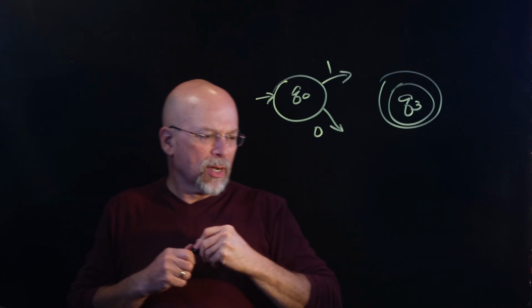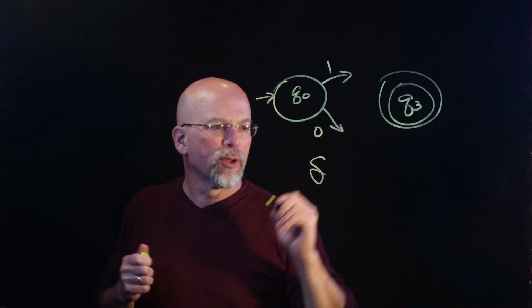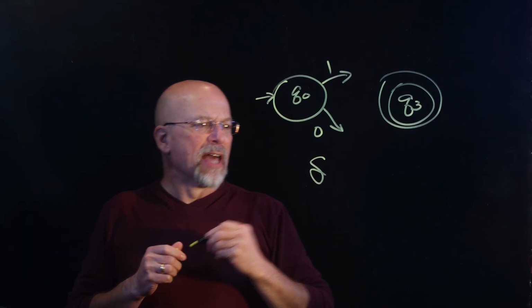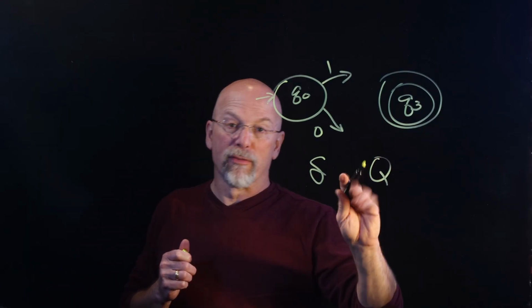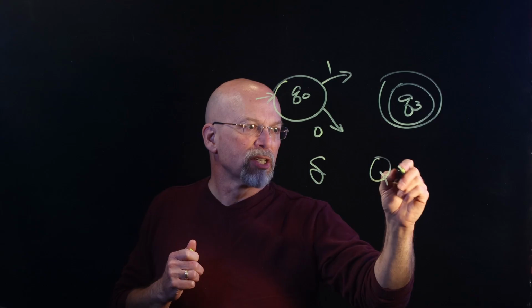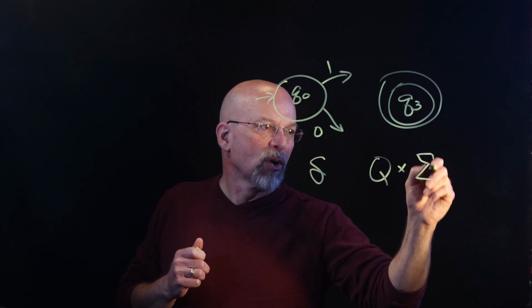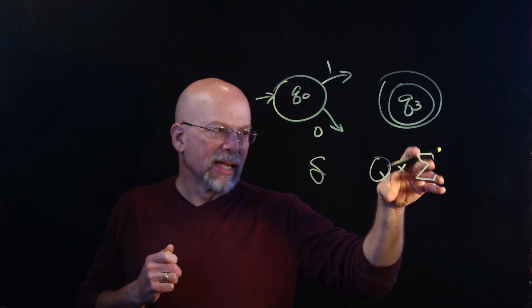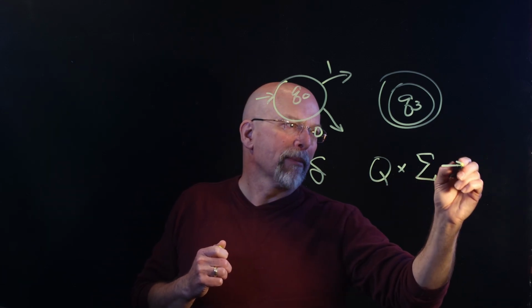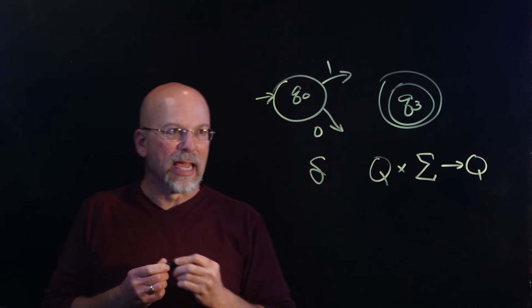And we also had the transition function, typically represented with a lowercase delta. The lowercase delta took whatever state we're in, from the states, and based on whatever input we had, from the input alphabet, it mapped us to another state.